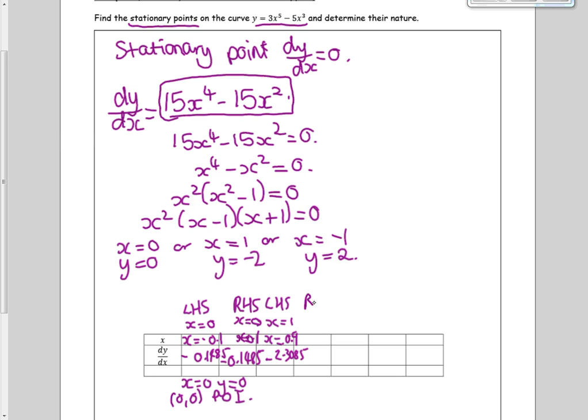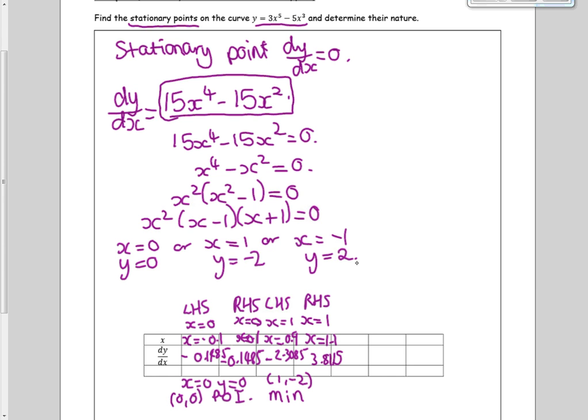So now we need to have a look at the right-hand side of x equals 1, which would be x equals 1.1. And substituting this into 15x to the power of 4 minus 15x squared will give us the gradient 3.8115. So because we go from a negative gradient to a positive gradient, we know that at 1, minus 2, we have a minimum.